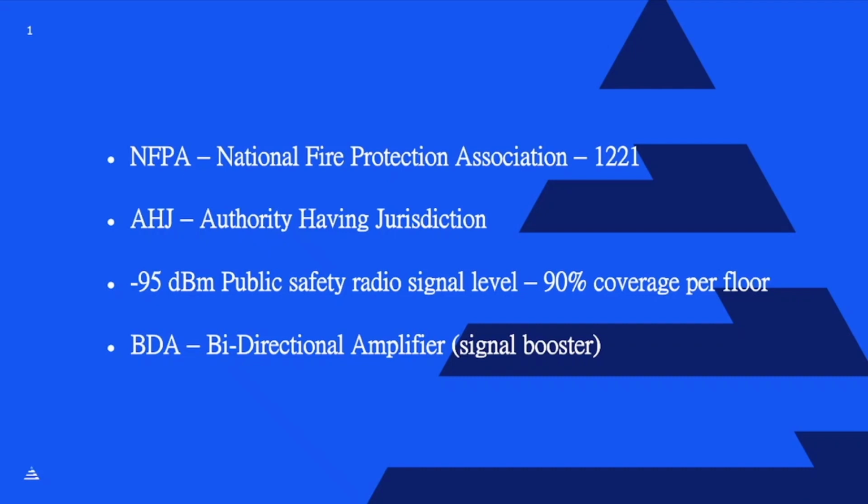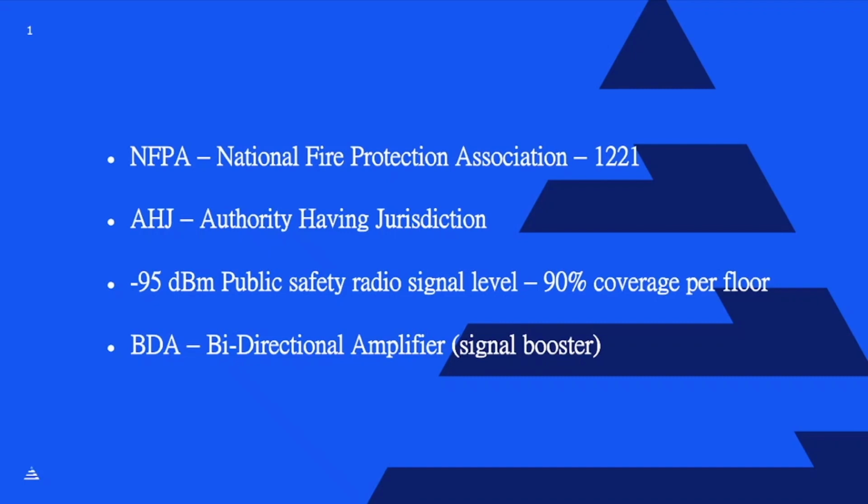If they can't speak through their radio system with that negative 95 signal throughout your building, if your signal is below that, then you would need to install, again depending on your AHJ, a BDA, or bidirectional amplifier. A bidirectional amplifier is simply a two-way pipe, essentially, that makes radio signals inside easier to get outside, and radio signals outside easier to get inside to the personnel that need it.